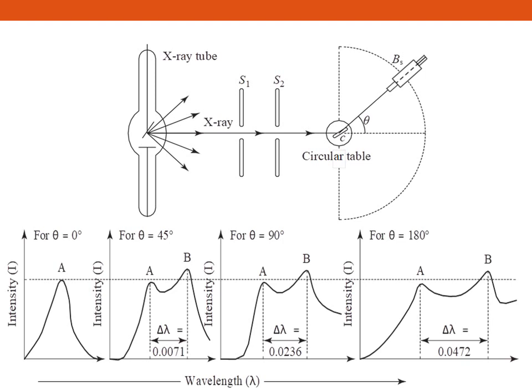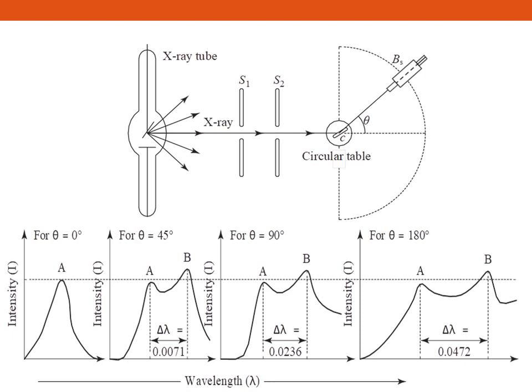From the figure shown, for the scattering angle theta equal to 0 degrees, the scattered radiation peak will be the same as that of the incident radiation peak A. Now, when the scattering angle is increased, for one incident radiation peak A of wavelength lambda, we get two scattered peaks A and B. Here, the peak A is found to be of the same wavelength as the incident wavelength, and the peak B is of a greater wavelength than the incident radiation.